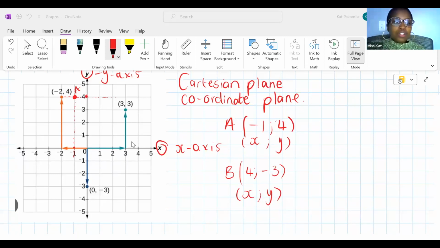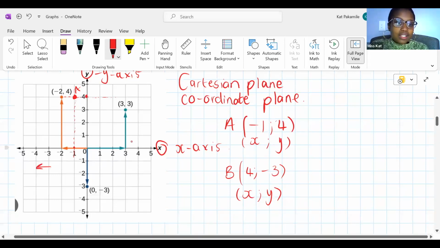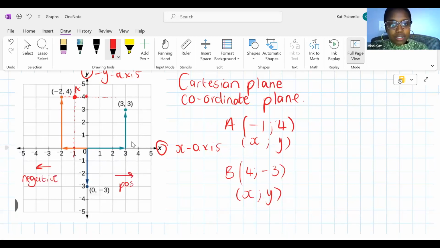Now let's look for 4 on the X axis. Oh, I forgot to tell you guys something very important. On the left of my x-axis from 0 are negative numbers. On the right of my x-axis, we have positive numbers.